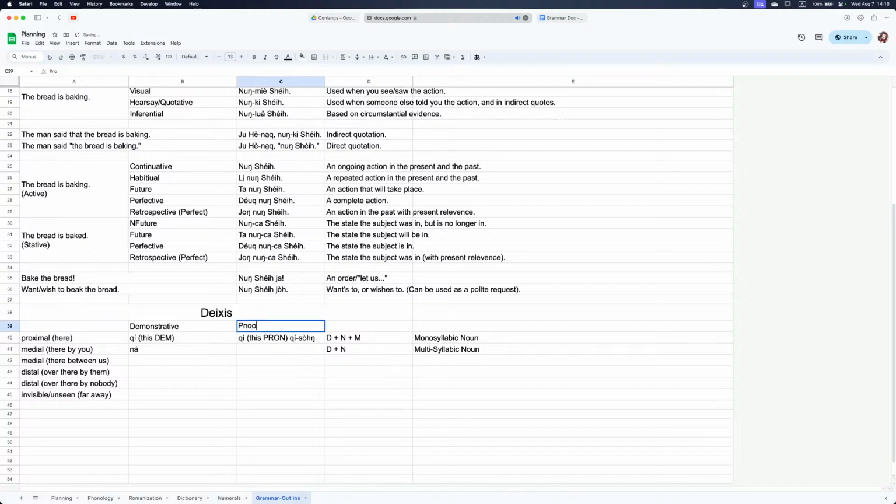Demonstrative, pronoun, and then adverbial for locatives. So here, there, over there, etc.